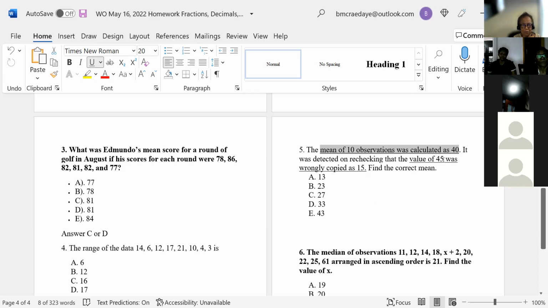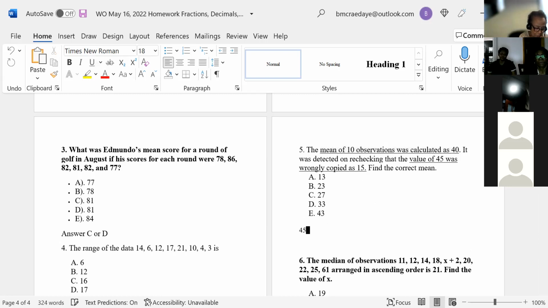If your value was 45 and you copied it as 15, then 45 minus 15 equals 30. That means your total is 30 less than it should be, right?